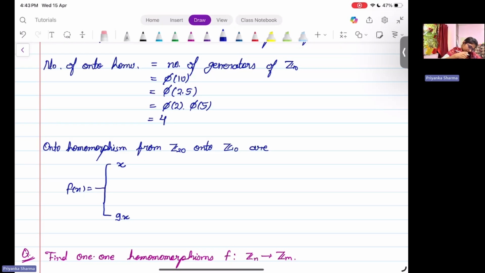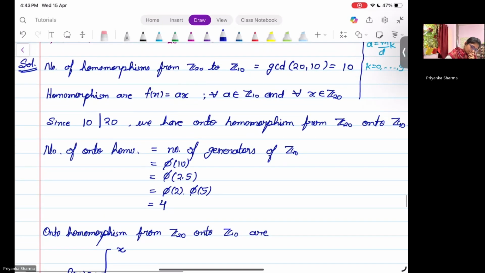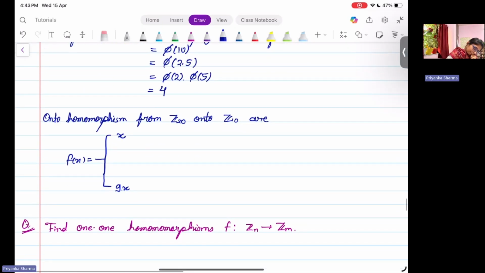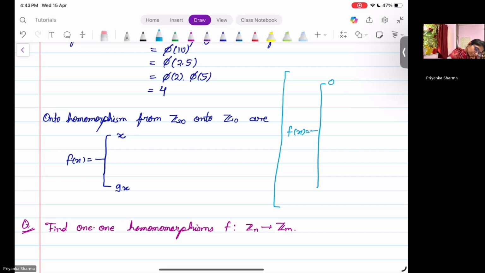Let me write it. f of x is 0, x, 2x, 3x, 4x, 5x, 6x, 7x, 8x, 9x.